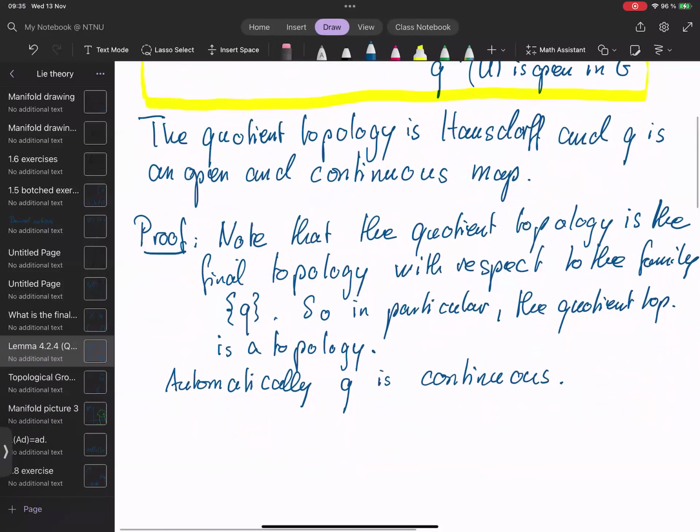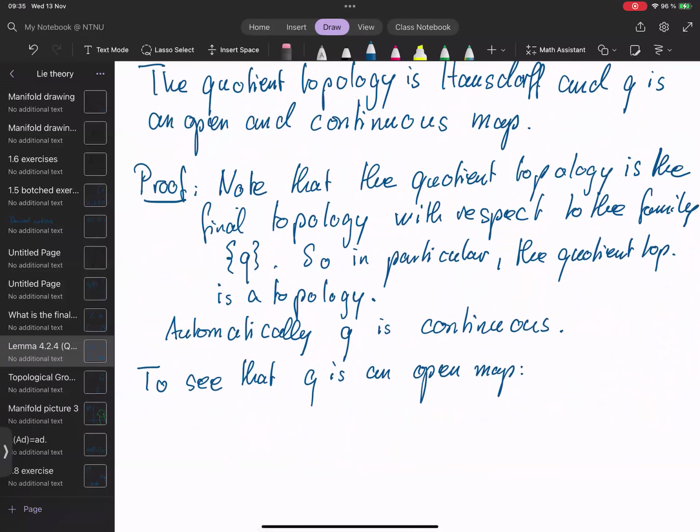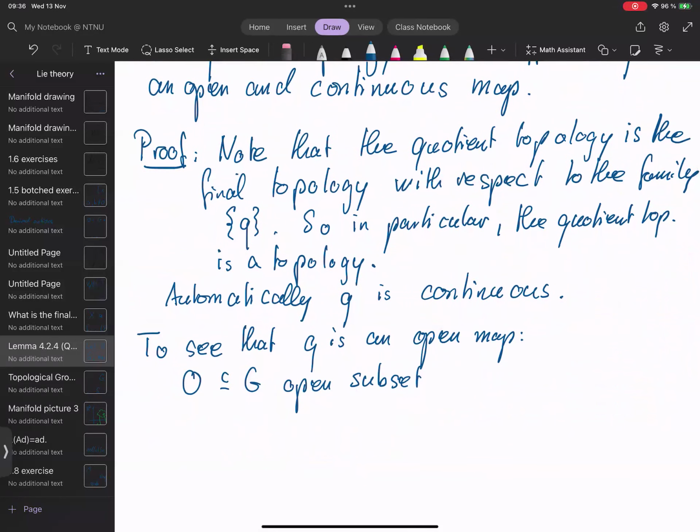Okay, great. Let us see now that Q is an open map. For this, we take O, an open subset of G, and we want to see that its image under Q is open. To see that the image under Q is open, we basically have to compute the pre-image of this image and see whether this is open.